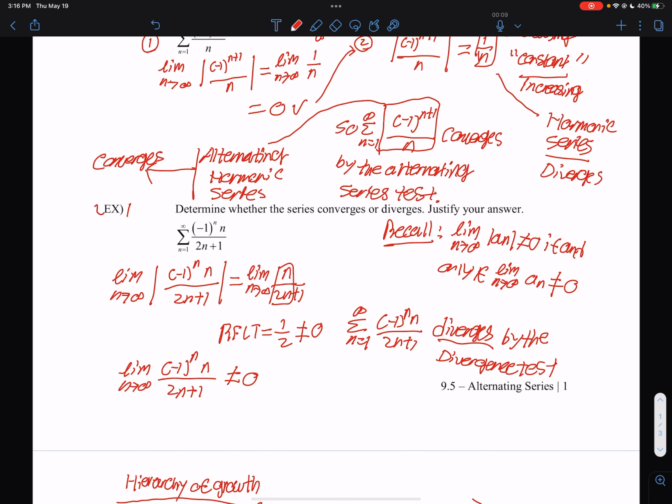And the second example showed that the limit as n goes to infinity of the absolute value of negative 1 to the n times n divided by 2n plus 1 is 1 over 2, which doesn't equal 0. So the alternating series test doesn't apply, and the divergence test is applied to conclude that the series diverges.